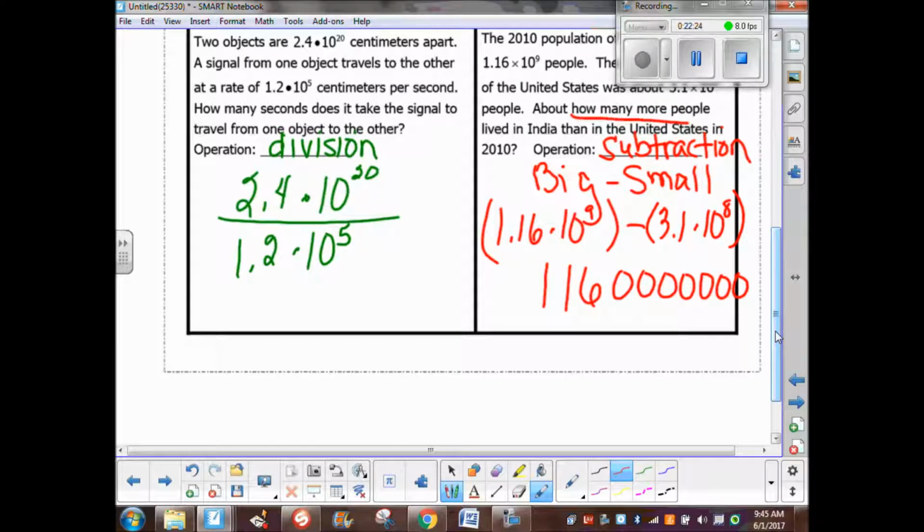And now 3.1 times 10 to the 8th, I need to write it backwards so I can line up the place values. So how many zeros am I going to need to write? Do I need to put 8 zeros or 7 zeros? 7 zeros. 1, 2, 3, 4, 5, 6, 7, then 1, 3. Okay?